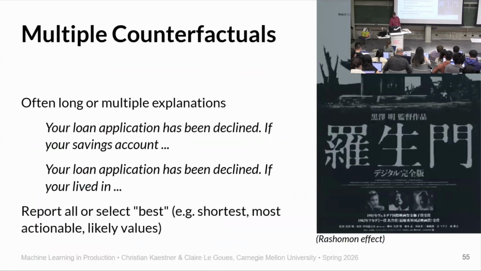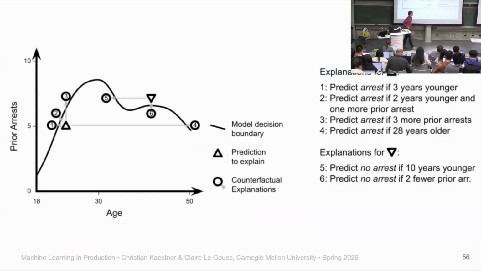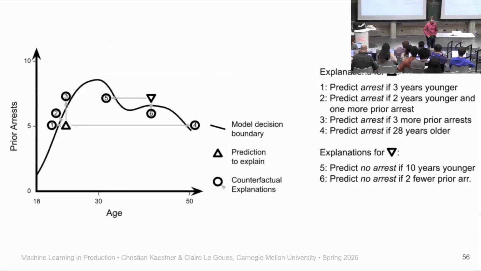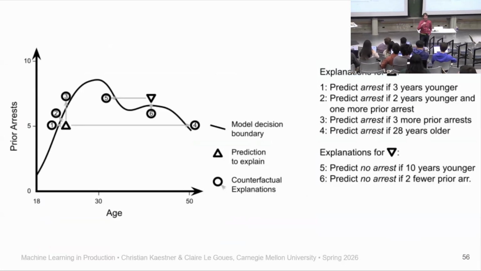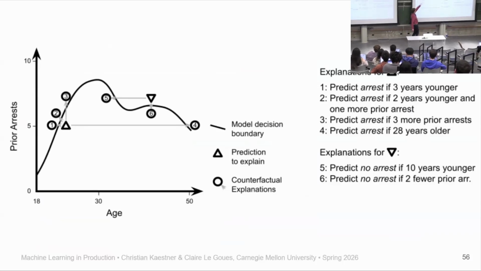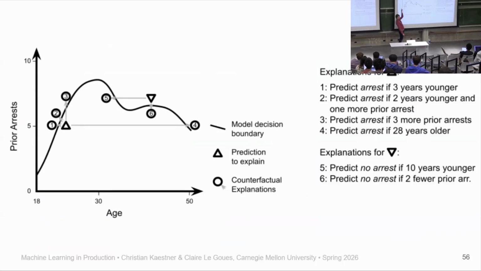Right, so the way that this works, though, is relatively straightforward. It's really the same as with adversarial examples, asking what's the smallest change. I have a point that I want to explain here, and every single point across the decision boundary would be a possible explanation. So I can say you were 25 and had 5 prior offenses.